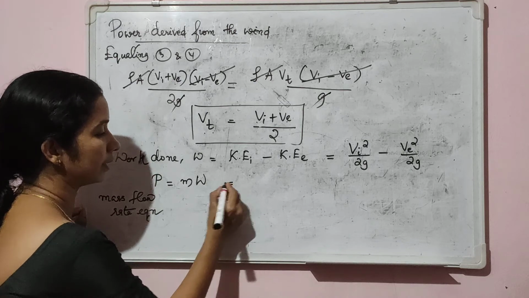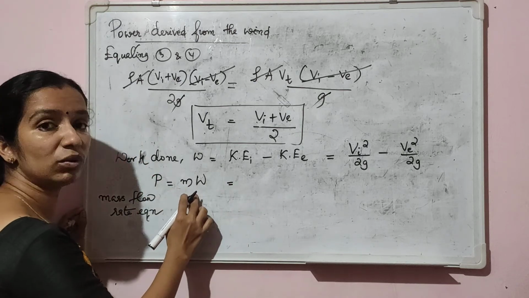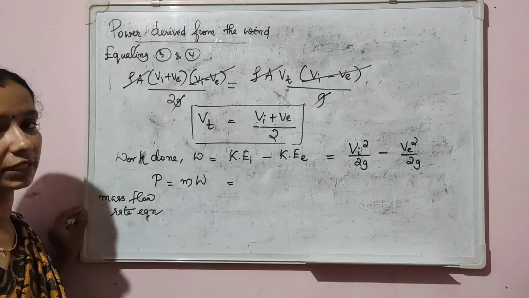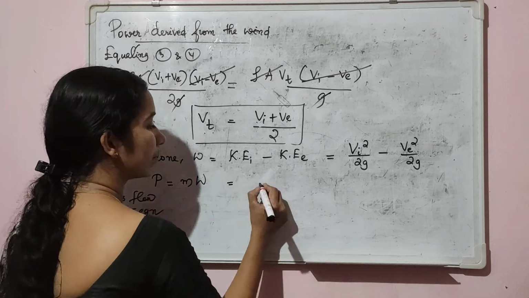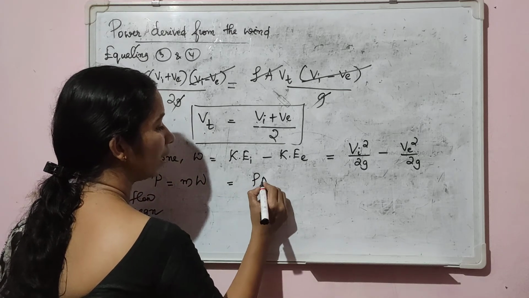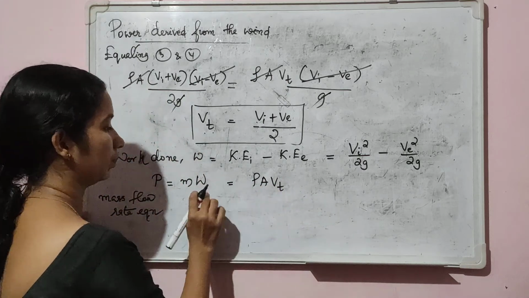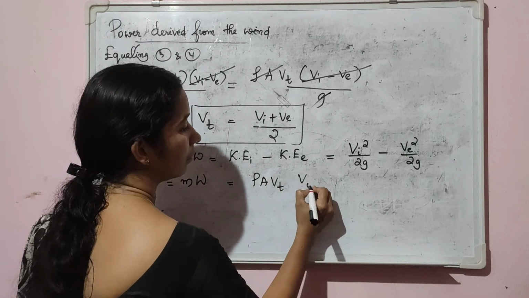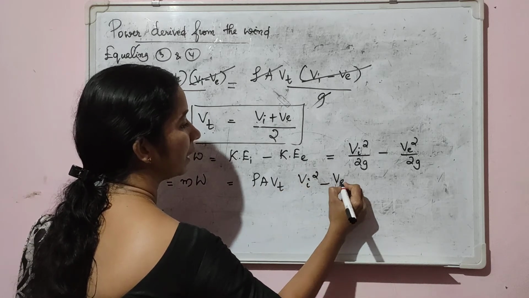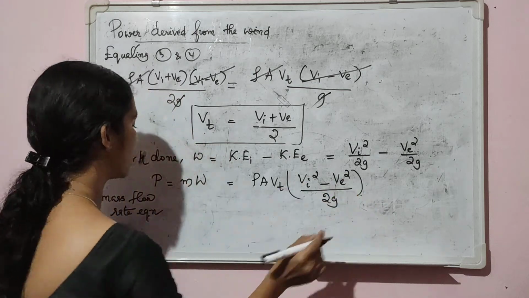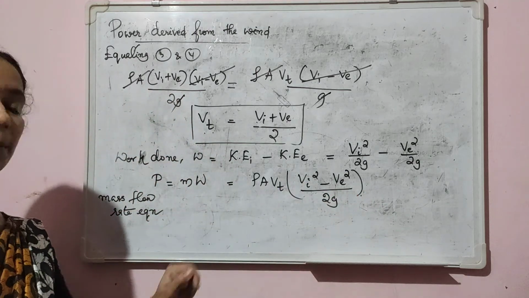So power of wind will be equal to mass flow rate of wind into work done by the wind. So that is mass flow rate we have as rho into A into Vt into, what is W? Vi square minus Ve square divided by 2g. So this is the expression for power.